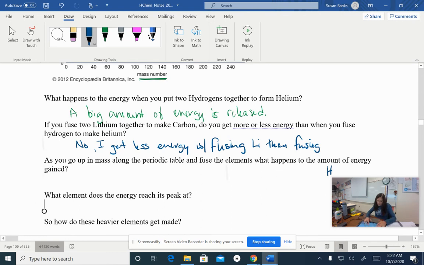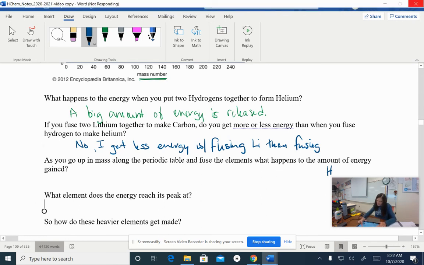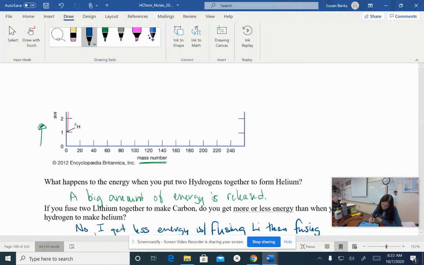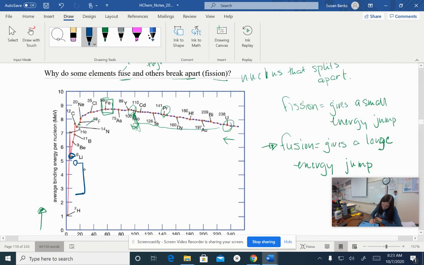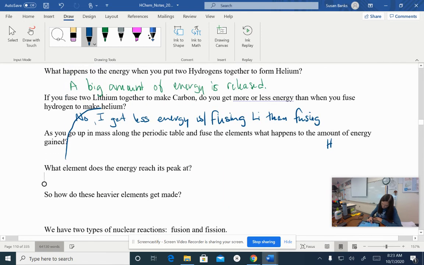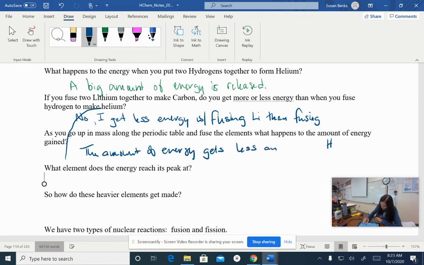If we look at that graph, the amount of energy gained gets less and less, right? This amount of energy gets less and less, okay? And the energy peak, we said it happened at iron, okay?